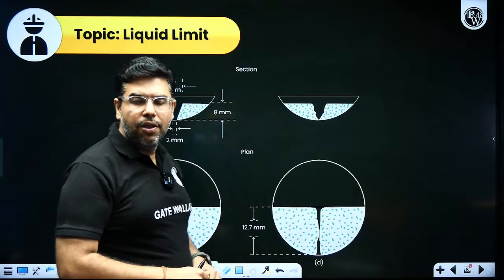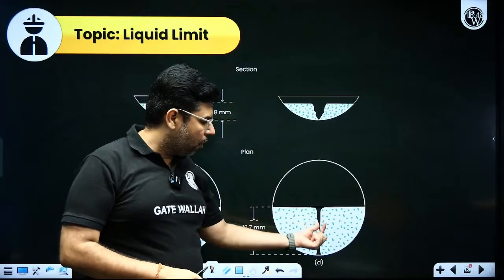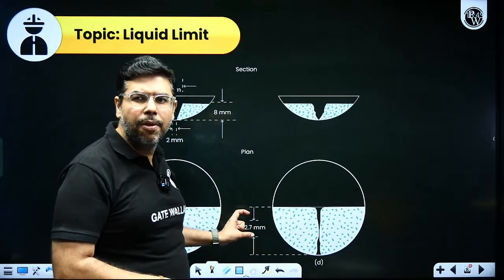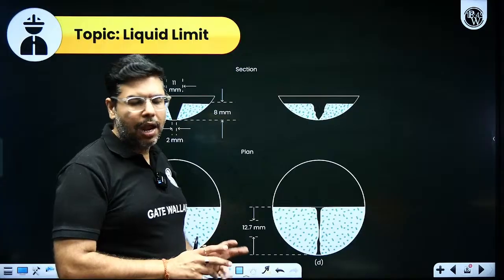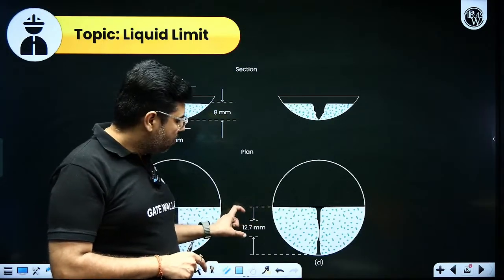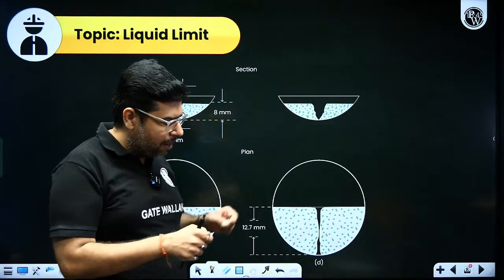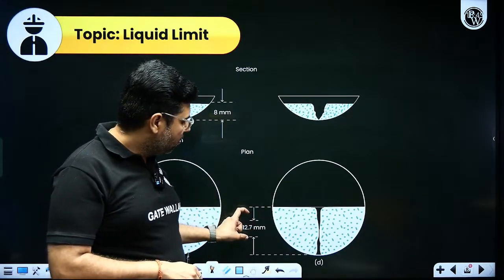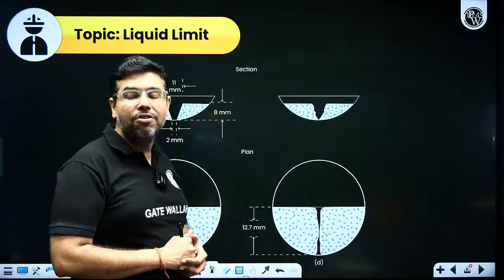So, if the groove closes up to a distance of 12.7 mm, we will close the experiment and record the number of blows. You don't have to measure with any scale, just by observation you can see whether the groove is getting closed up to a distance of 12.7 mm or not.